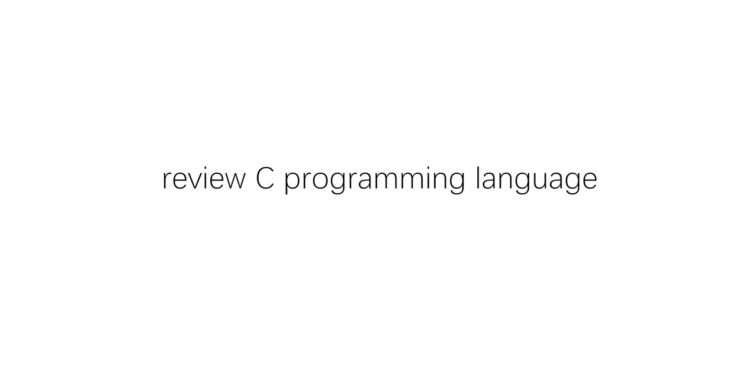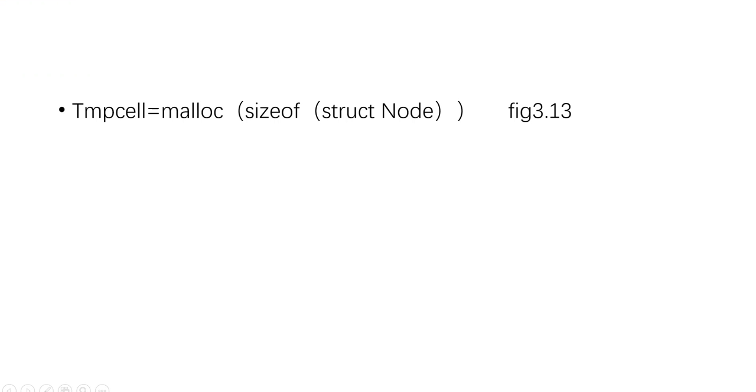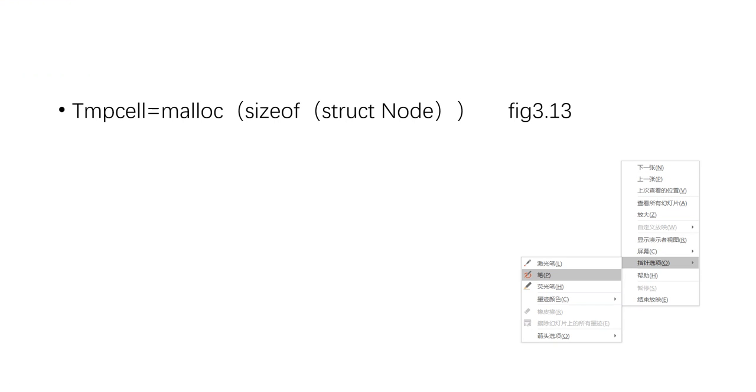When we start the experiment, many students, including Chinese students, will ask me questions about the code in the textbook. For example, the one code sentence in our textbook, figure 3.13.